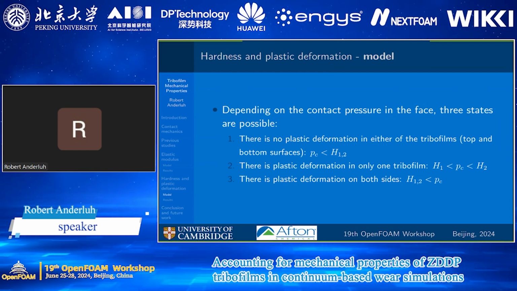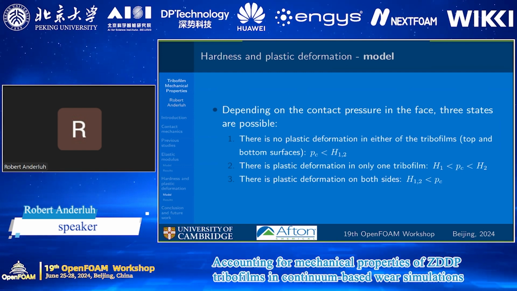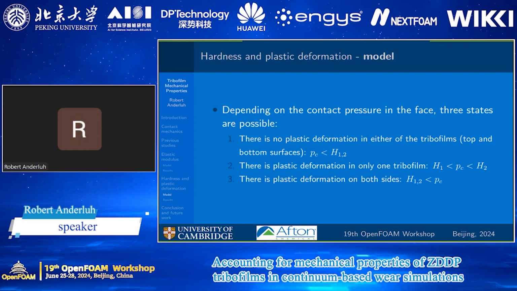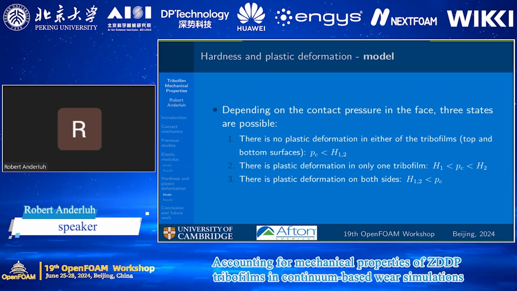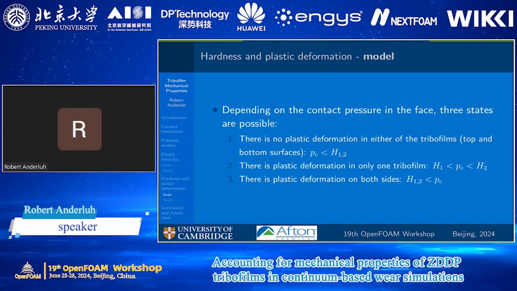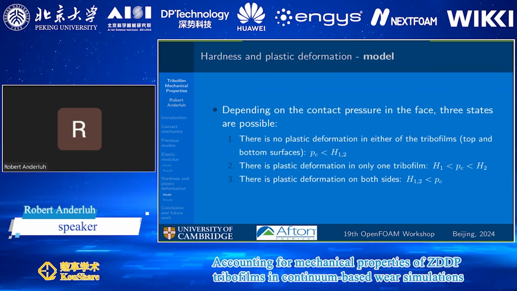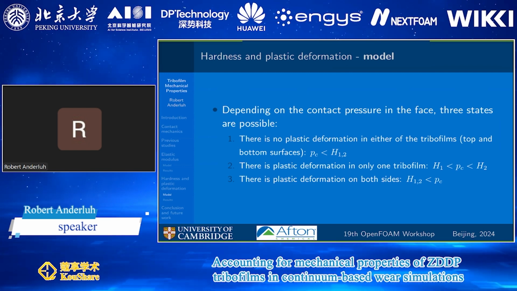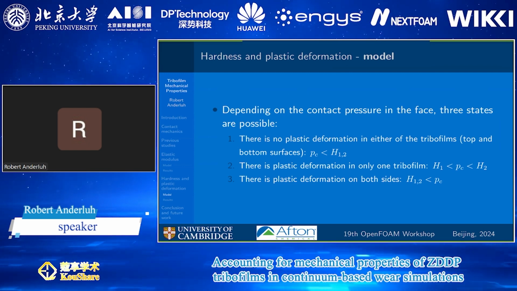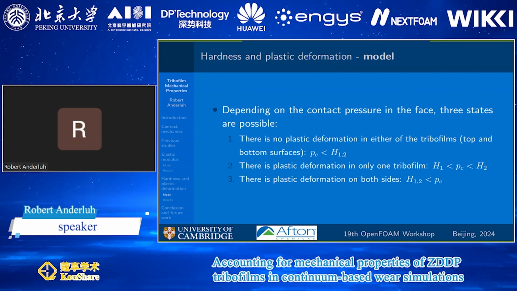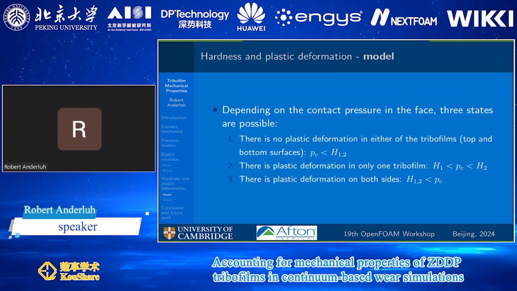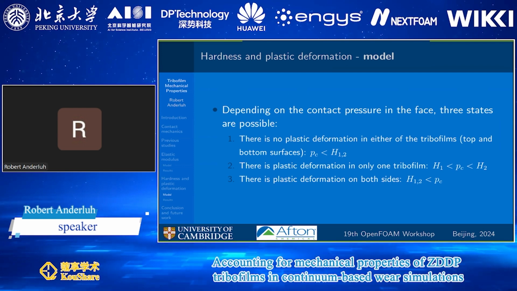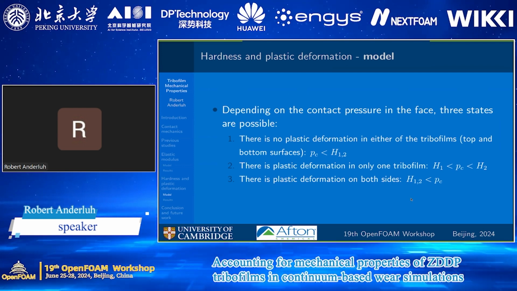One is that there is no plastic deformation in either of the tribofilms, top or bottom, which means the contact pressure is low enough that it hasn't deformed anything. The second scenario is that there is plastic deformation in only one of the tribofilms, which means the contact pressure is high enough to deform one of the surfaces, but the other one is too hard or has too high a yield stress threshold. And the third case is if the contact pressure is high enough to have deformed both of the tribofilms.